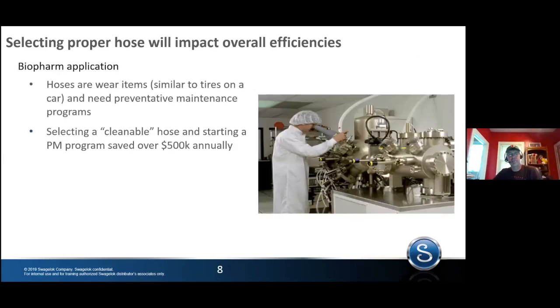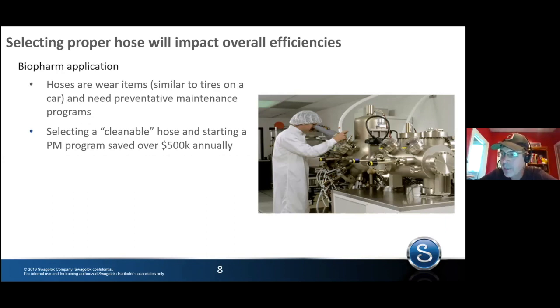Another situation we see very often is hoses that don't have a preventative maintenance program. And this is very important, and this is one of our first poll questions, by the way, Charles. No one goes out and buys a car and doesn't plan on doing maintenance on the tires.